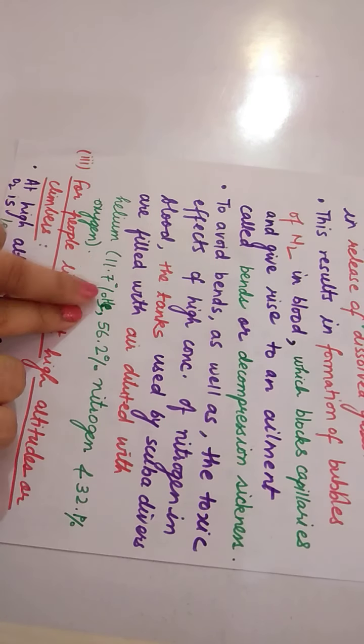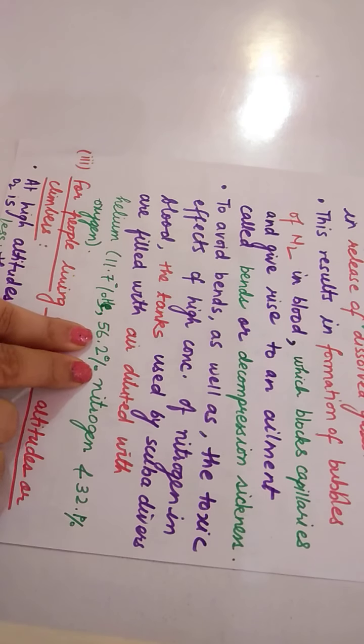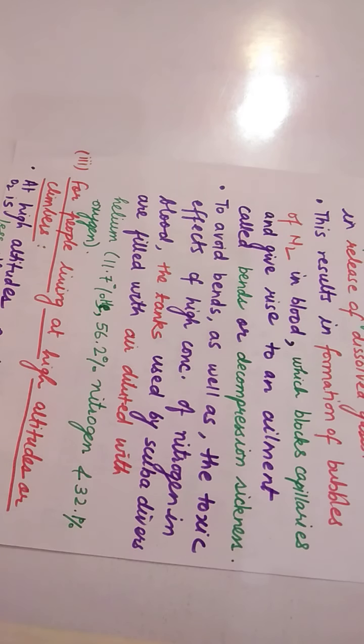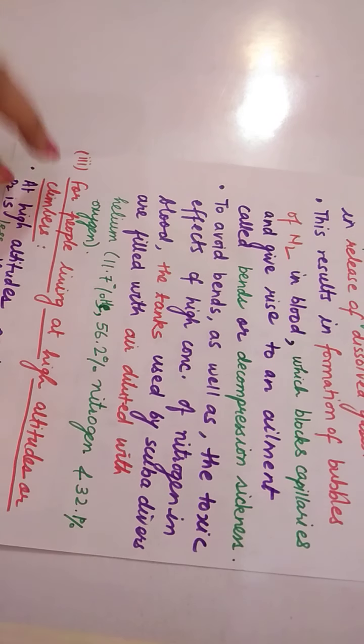It will have 11.7% helium, 56.2% nitrogen, and 32.1% oxygen, so that we can save ourselves from the high pressure of gas underwater and from the toxic effect of higher concentration of nitrogen in the blood.